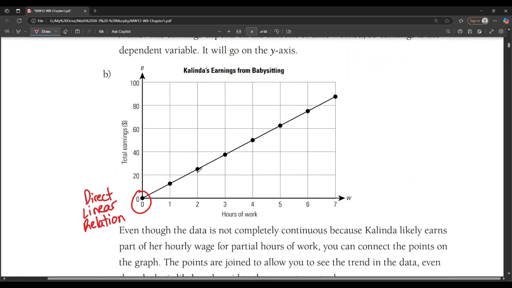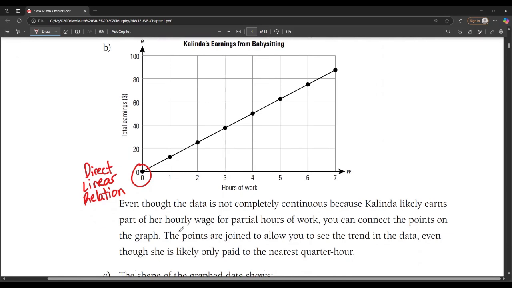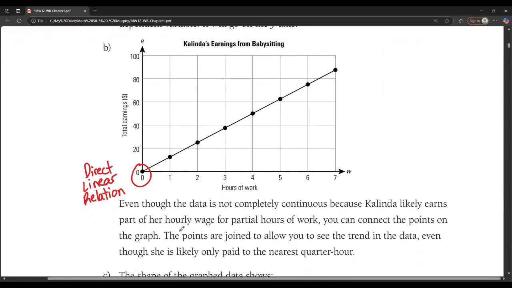Now, what it's saying here for B is, should you connect the points on the graph with a line? Why or why not? So even though the data is not completely continuous, and what they mean by that is there's no dots in between here, right? We put a dot on 0 and then a dot on 1, and we don't actually know if Kalinda worked 2 hours or 2.5 hours or 2 hours and 15 minutes.